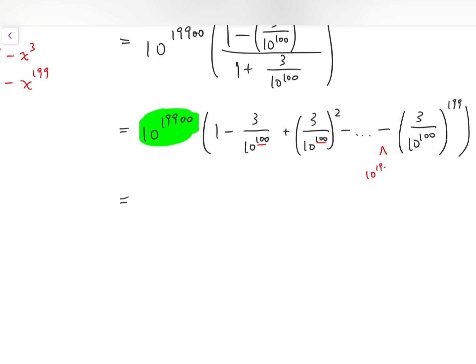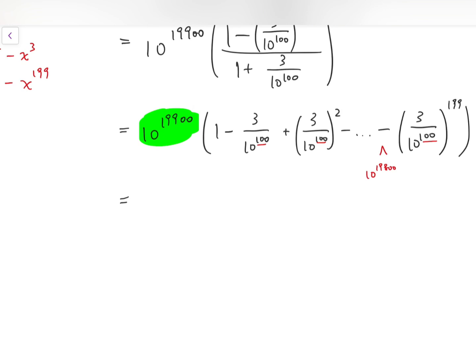The second last term is 10 to the power 19,800, and the last term has denominator 10 to the power 19,900. Only the last term has enough factors of 10 to cancel out everything in the green term.